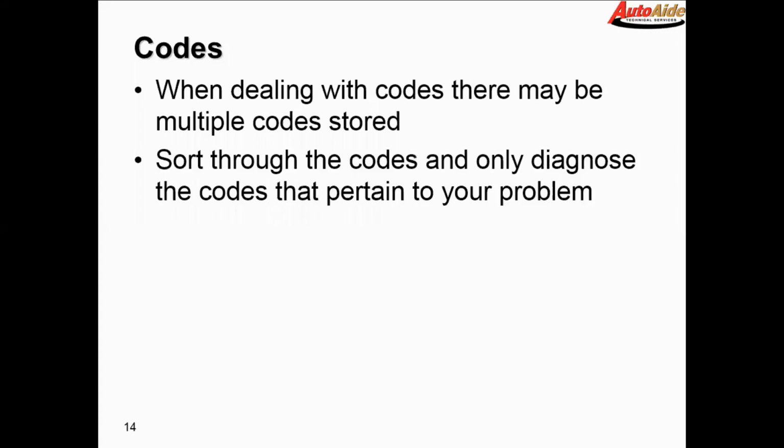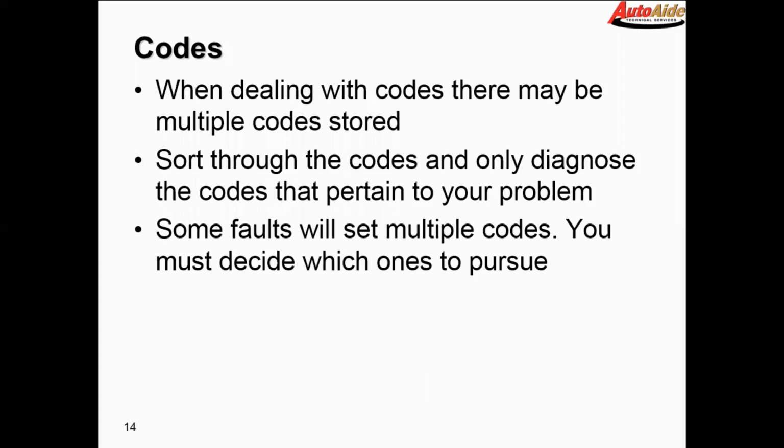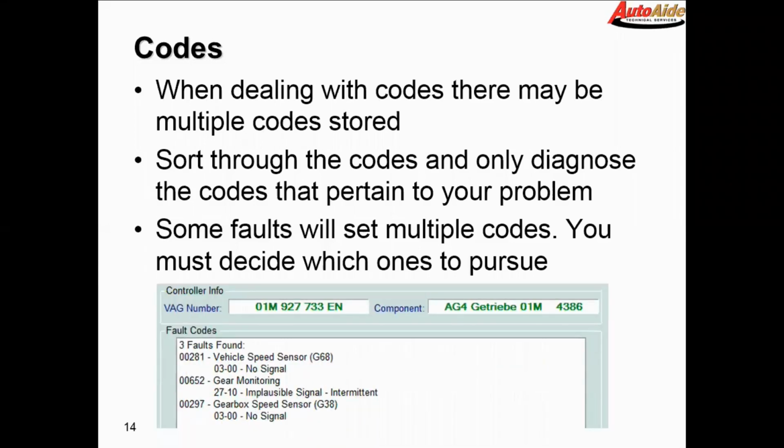What we tell guys to do is sort through the codes and only diagnose the codes that pertain to your problem. There's a little bit of thinking that has to go on here, because some faults will set multiple codes. You guys are used to that. You see that with engine stuff all the time. You're going to have to look at the codes that are set and what the vehicle is doing, and decide which ones you want to pursue.